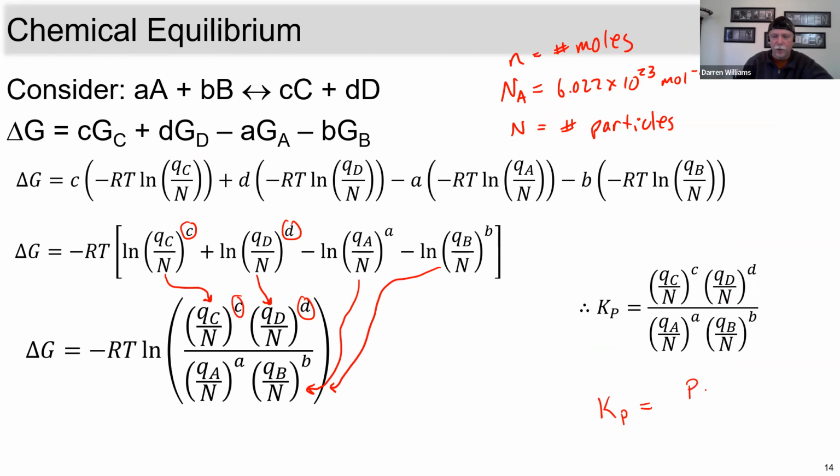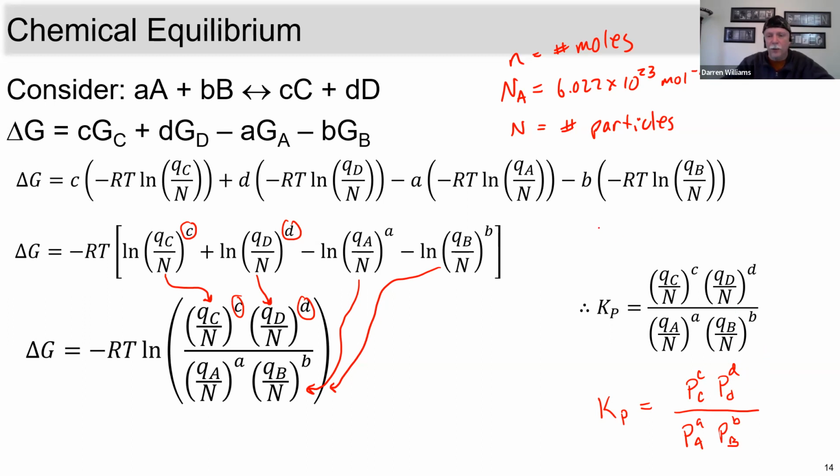It would be the partial pressure of C times the partial pressure of D raised to the C and D power over the partial pressure of A raised to the A power, and the partial pressure of B raised to the B power. So this would be a gas phase equilibrium constant. And I just wanted to show you that those partial pressures are approximations of the partition function divided by the number of particles.